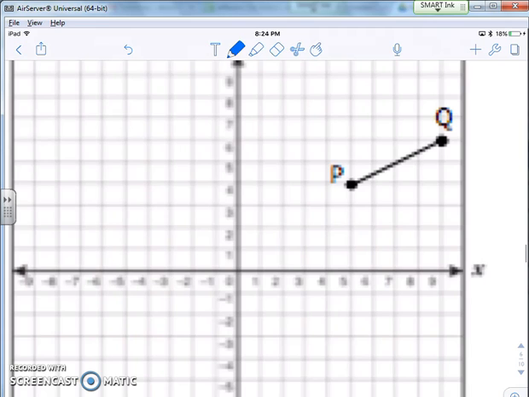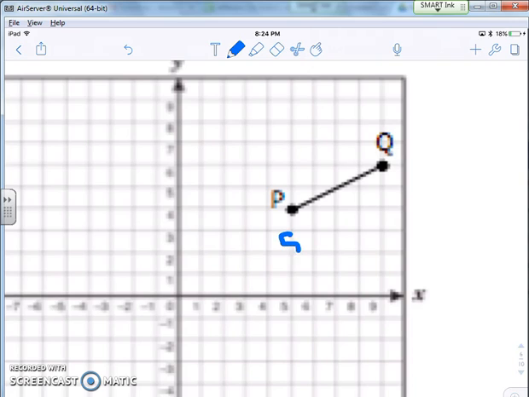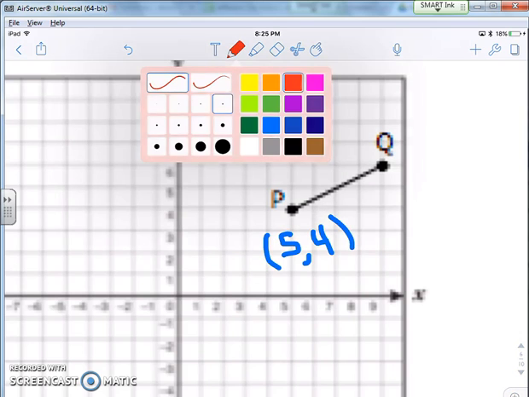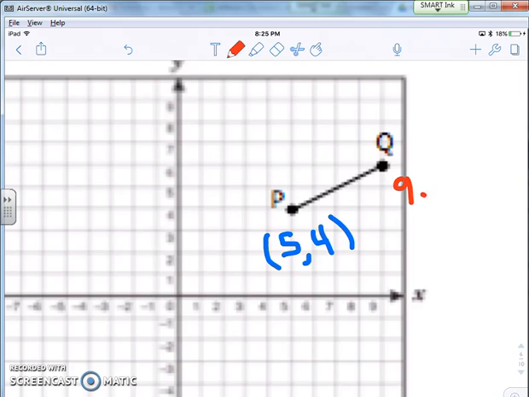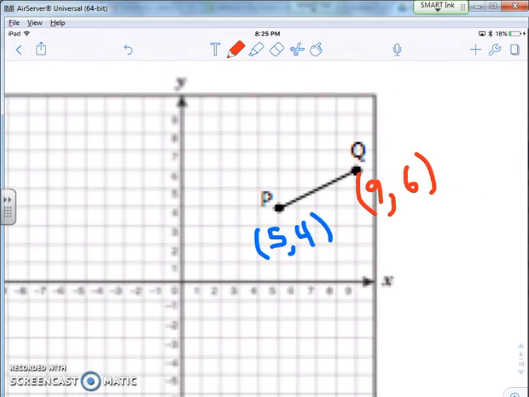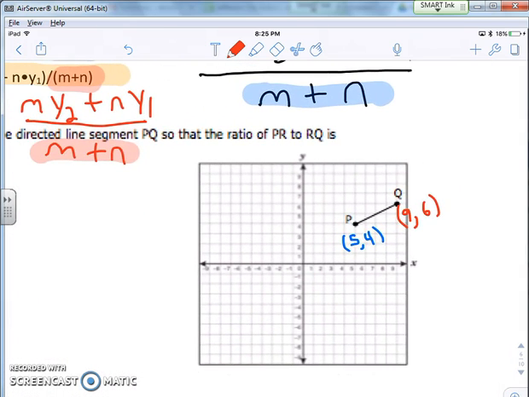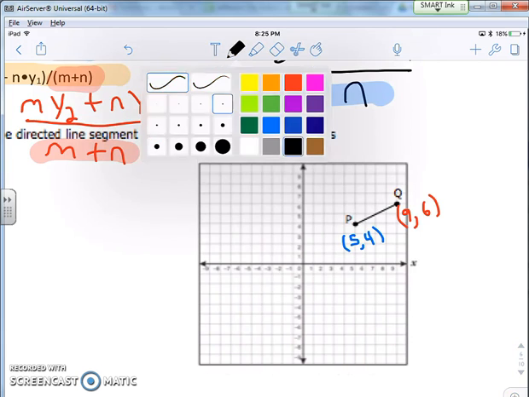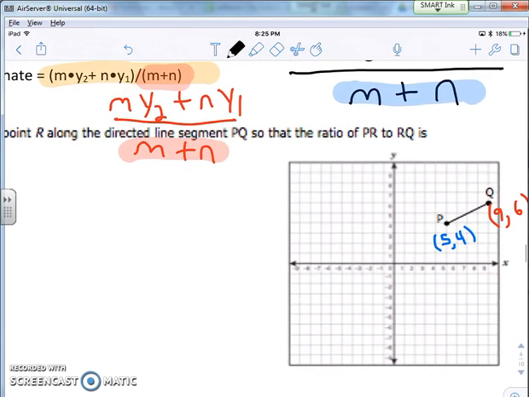So it looks like the coordinates at P are 5 in the X, and 4 in the Y. Our coordinates for Q are 9 in the X, and 6 in the Y. And then we're going to use our formula here.